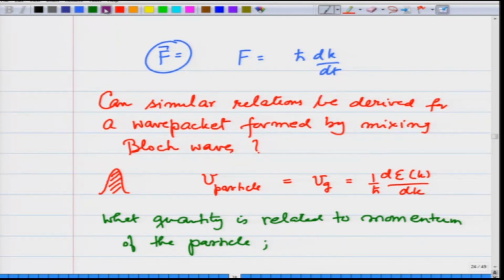Can it be k? So, the answer to both these questions is in the affirmative, and this is indeed so, and this is what we are going to do in this lecture.